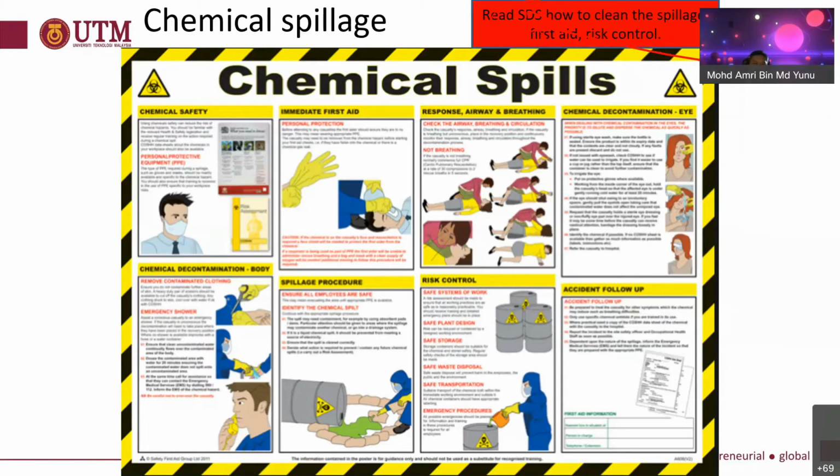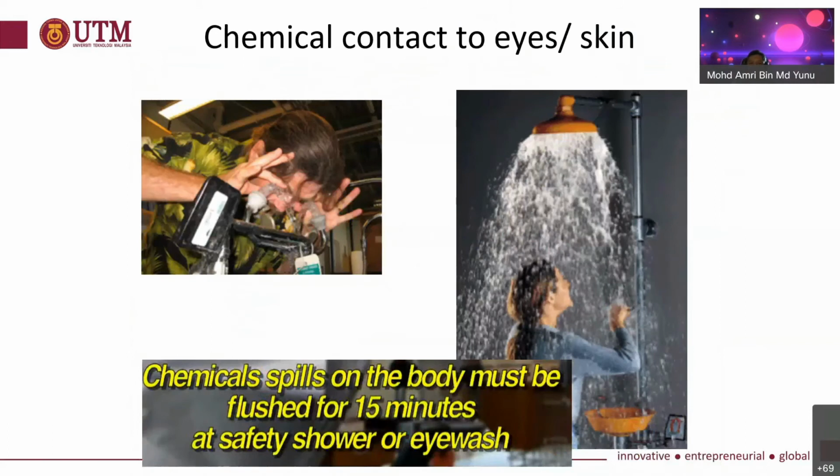That's why it's good to have a copy of the MSDS of the chemical before doing any experiment. If the worst thing happens, you quickly find out, Google or download the material safety data sheet. And every lab, chemical lab especially, has emergency response equipment like a shower or eye washer.